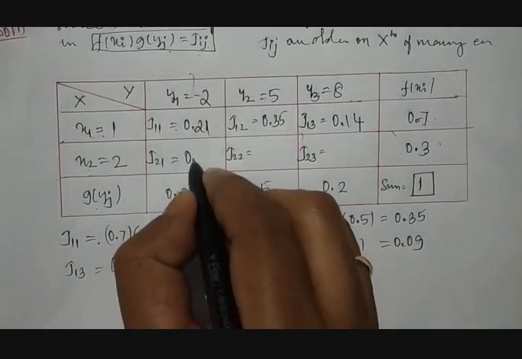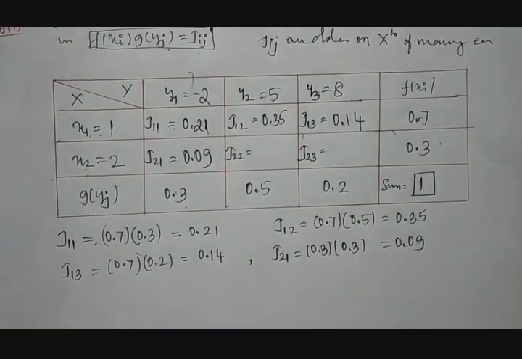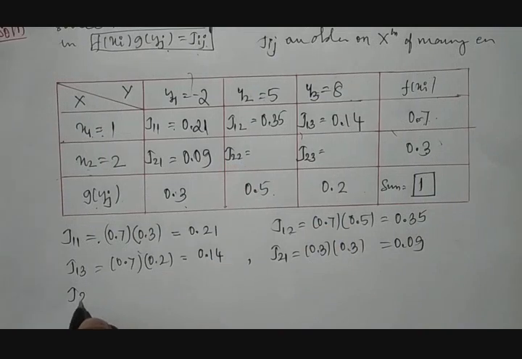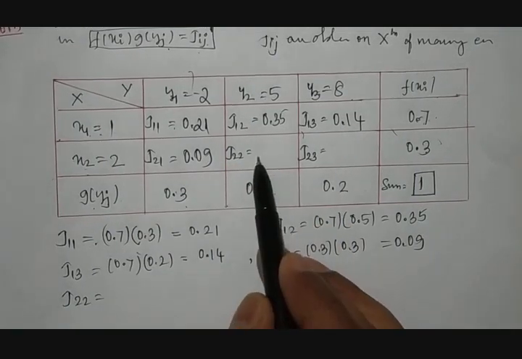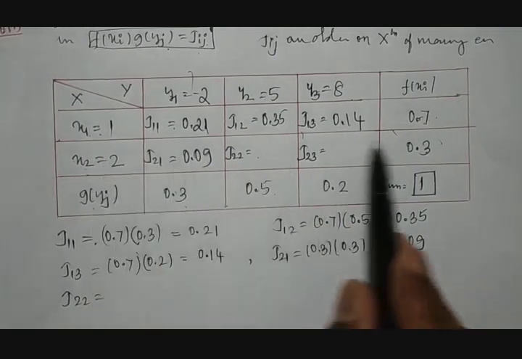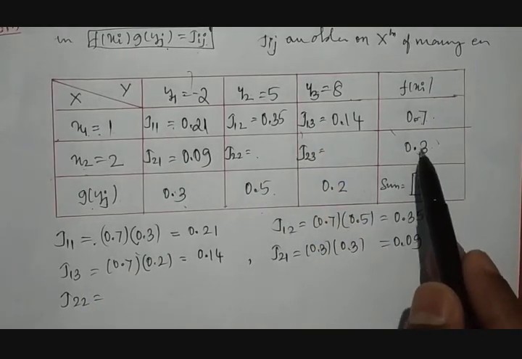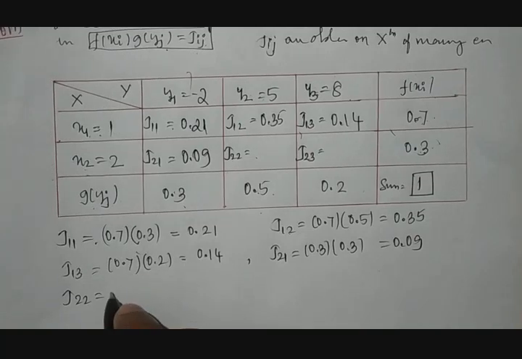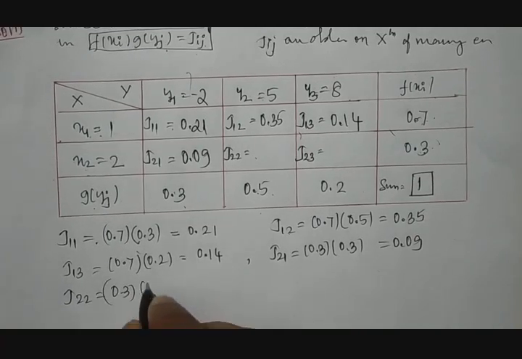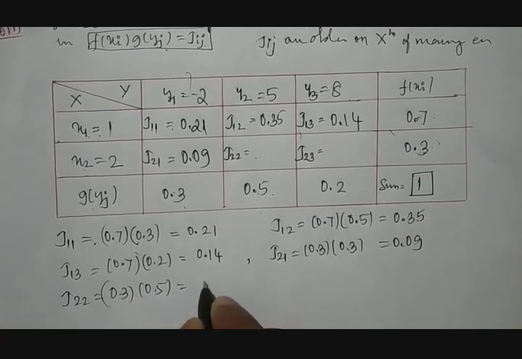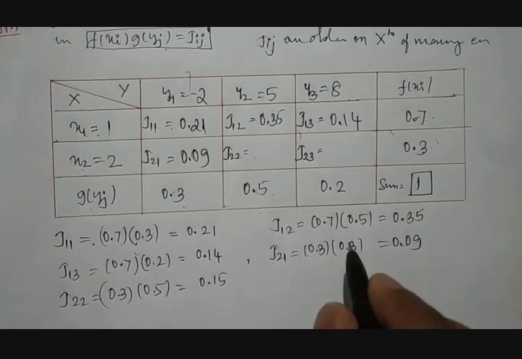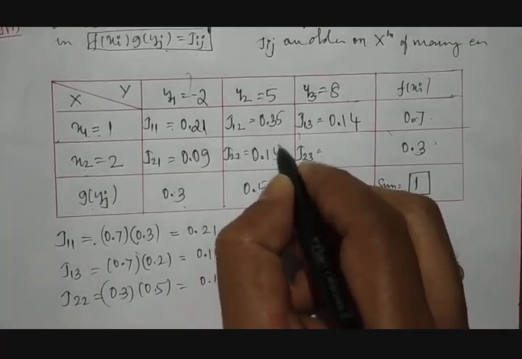Next, J22. You can see it is of second row and second column. So second row is 0.3 into 0.5, which is equal to 0.15.